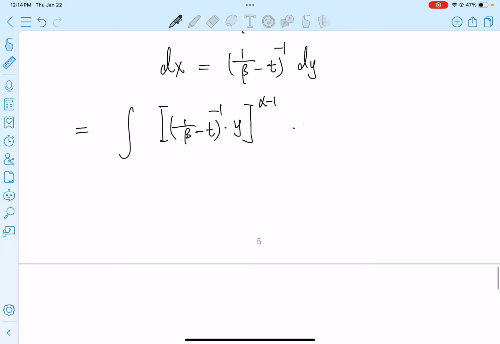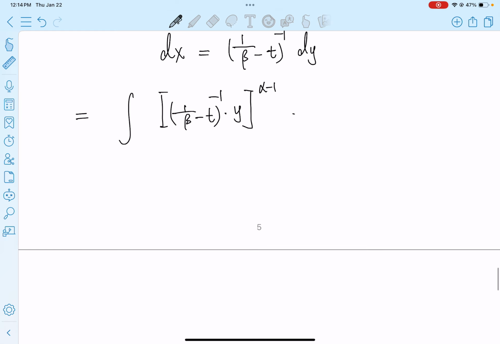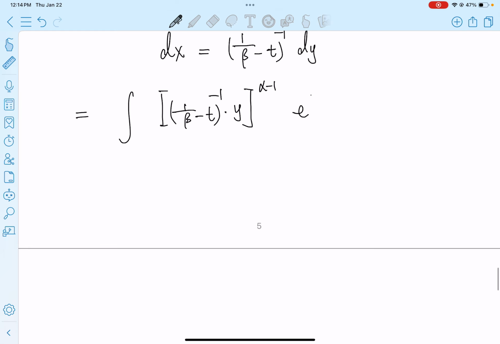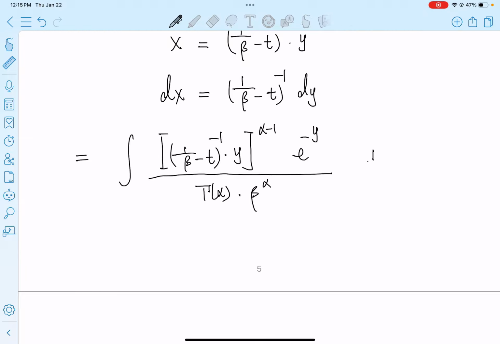And then the other term is e raised to the power of those, but we call that part y, so all we have is e raised to the power of negative y. Then we also have the normalizing constant. So all we need now is to replace dx by 1 over beta minus t raised to the power of negative 1, times dy.